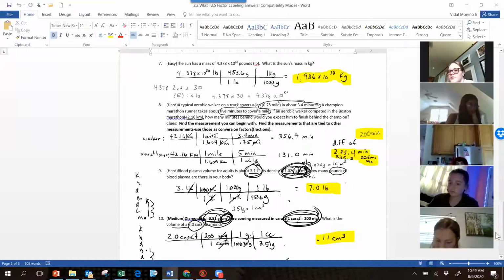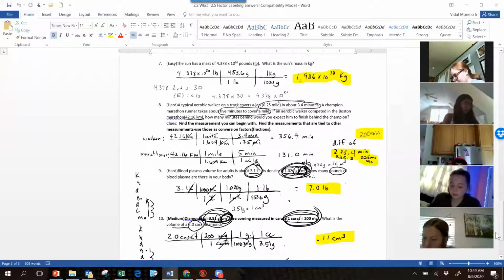If that's not the case, then we're going to have problems. I had a question on number 10. Yes. So, it's about the density of a diamond. I think I did everything right, but I just flipped the numbers the wrong way.